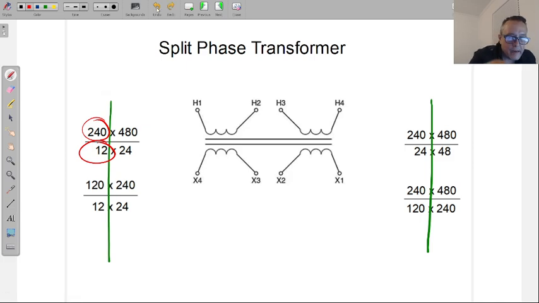So the easy way that I like to write that is anytime we're connecting on the primary side to the smaller voltage of the two, then we're connecting the transformer in parallel. Anytime we're using these voltages on this side for our connections, then we connect the transformer in series. Both sides the same.